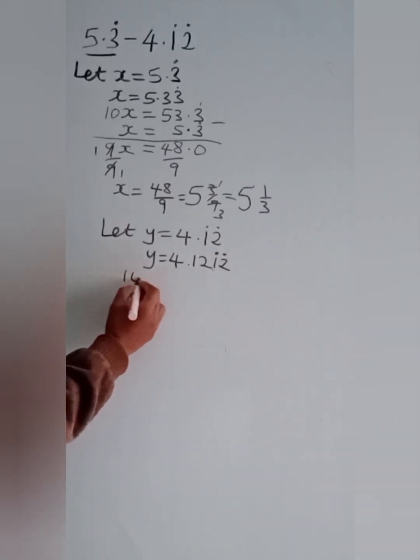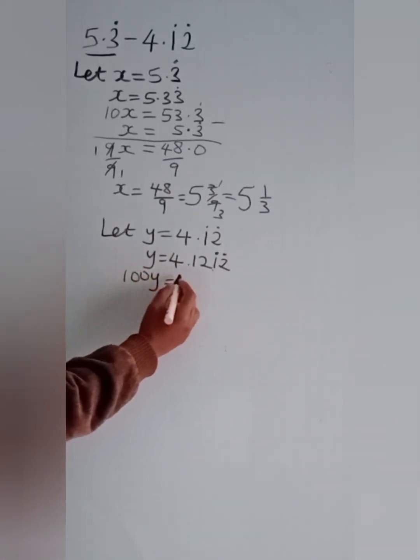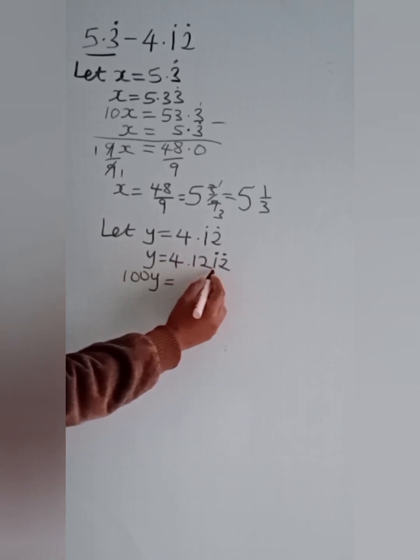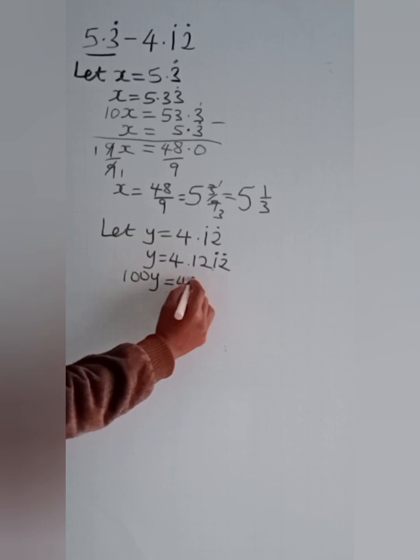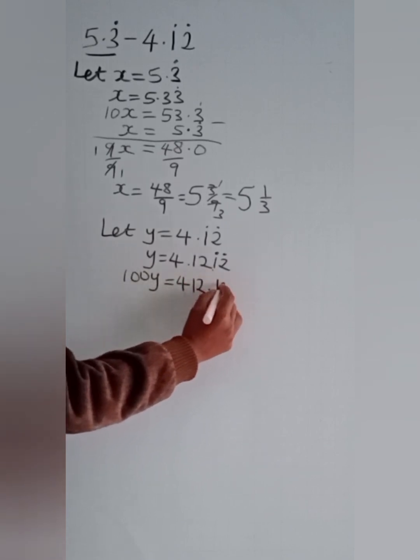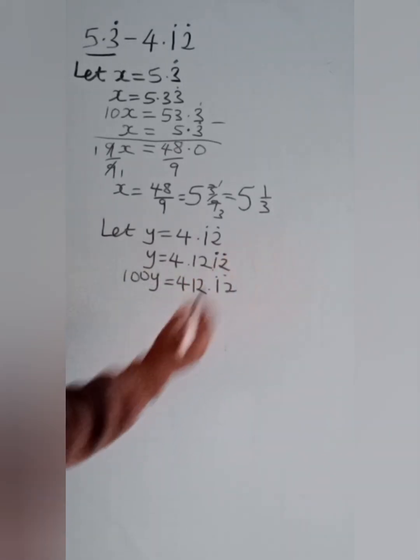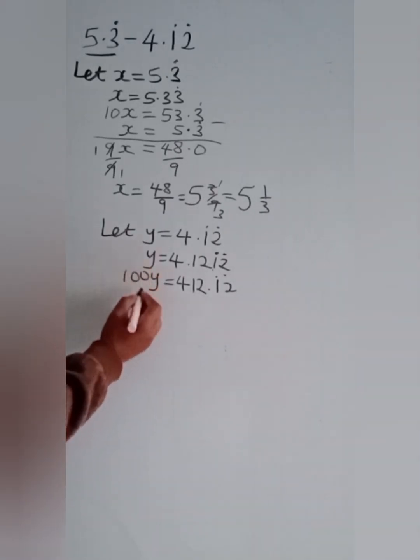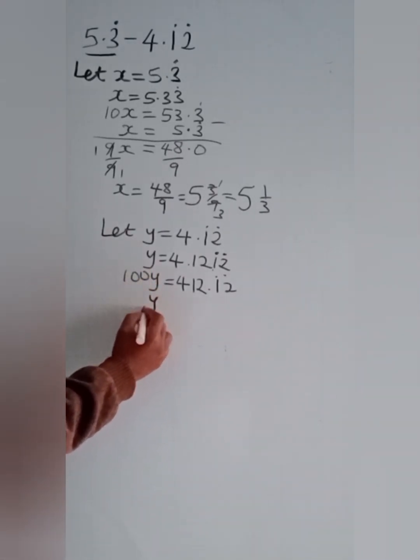So we shall have 100y is equal to, when you multiply by 100 here, the decimal moves from here to here. So we shall have the number being 412.1212, meaning recurring. Then we subtract y from it.